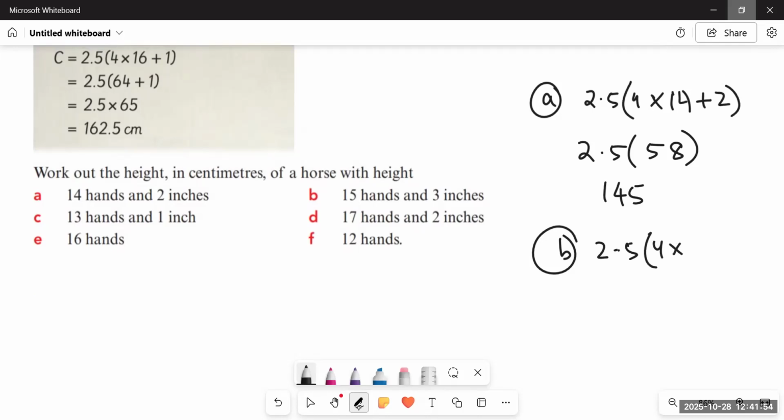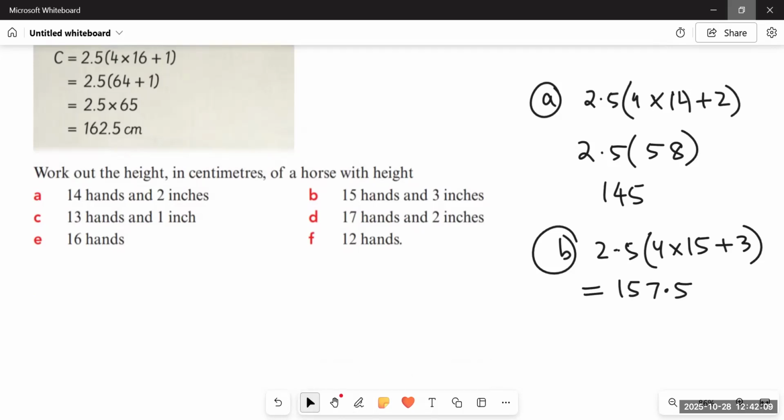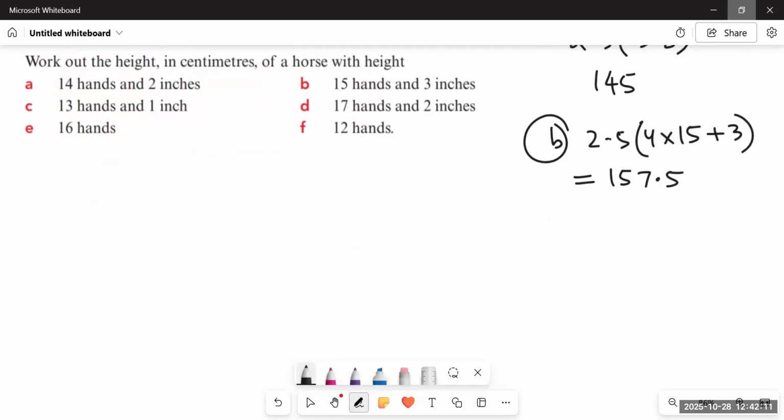So 4 multiplied by 15 is 60. 60 plus 3 is equal to 63. And then we will multiply 63 with 2.5. The answer will be 157.5. Right? In part C, it's 13 hands.